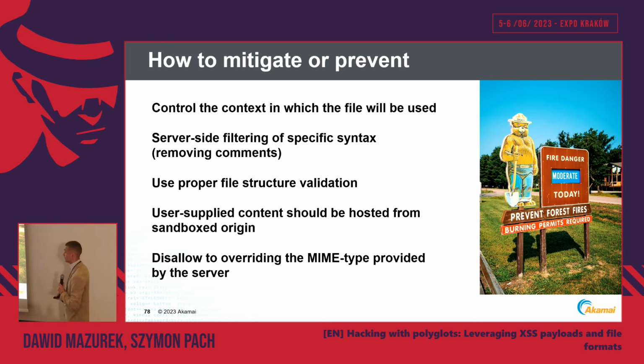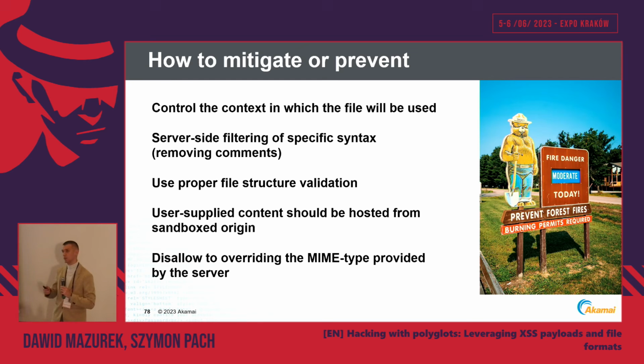And the last one: disallow overriding the MIME type provided by the server. Unfortunately, browser vendors have allowed the browser to override the MIME type provided by the server as a compromise to deal with the situation where the server is confused about what kind of content it is serving.